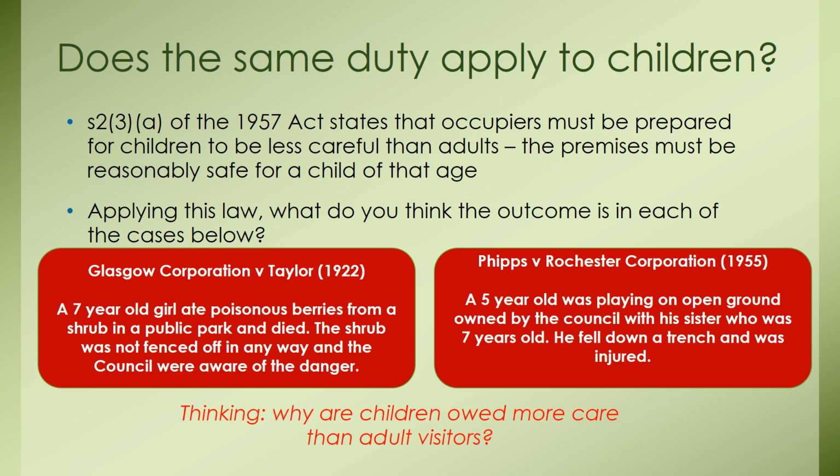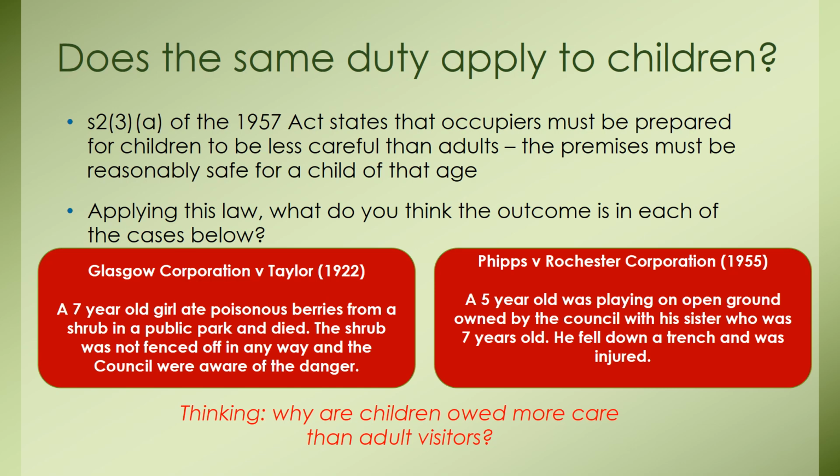So if you have a child who is invited onto your premises, should the duty remain the same to that child? And actually the Act provides for this. Under section 2 subsection 3A of this Act, note that I'm working in chronological order here. I'm going through the sections in order.